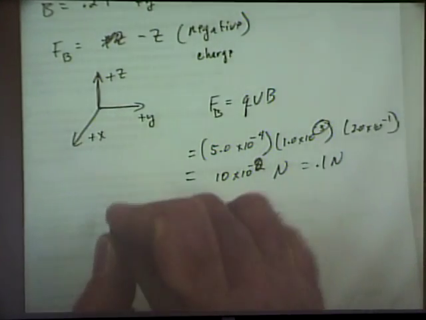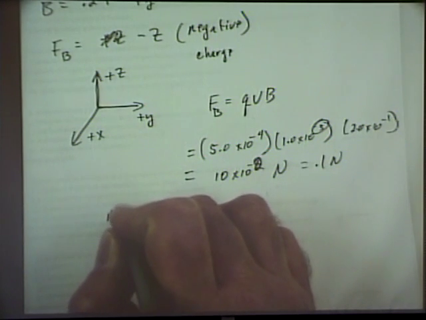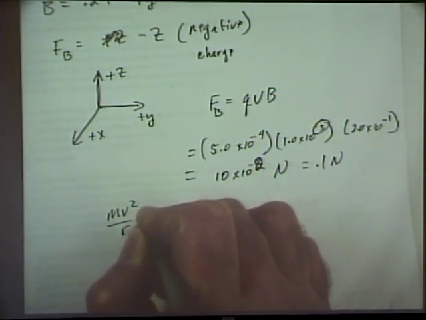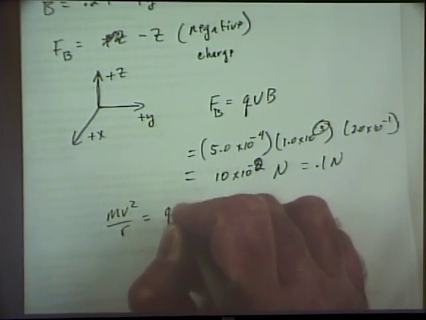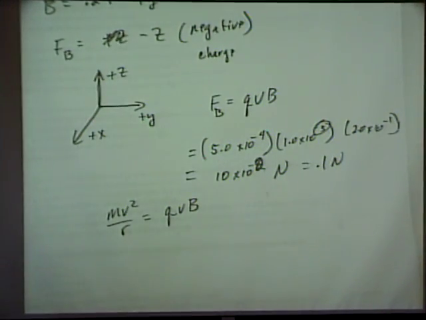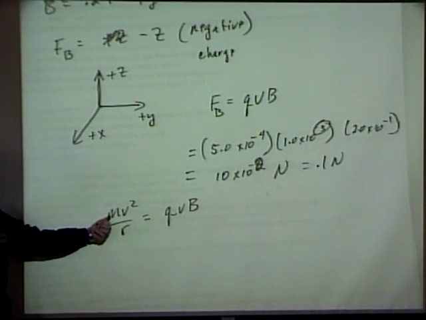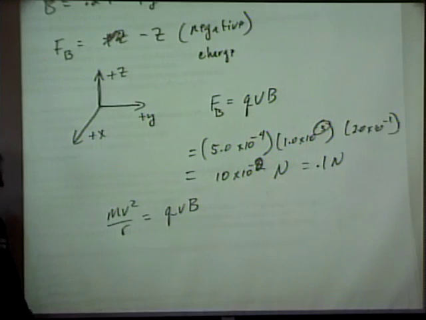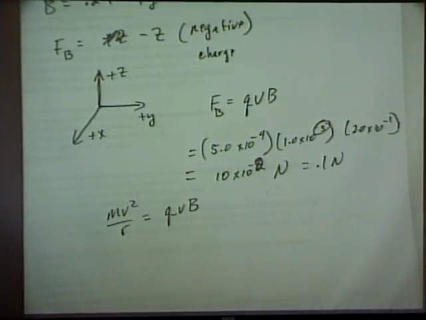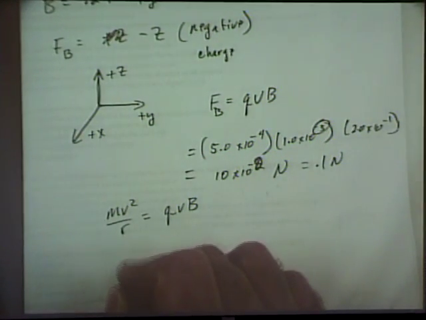So we know that mv squared over r equals qvb. Well, we already found out that qvb is 0.1 newtons. We know what m is, and we know what v is. Let's just go ahead and do it this way anyway. This is the way they wanted us to do it.